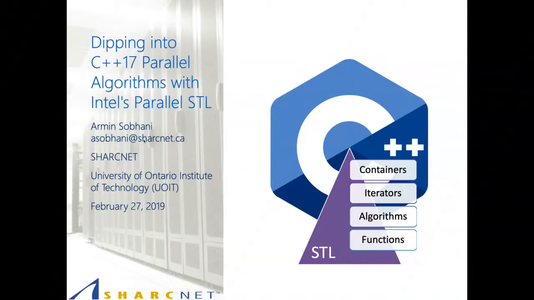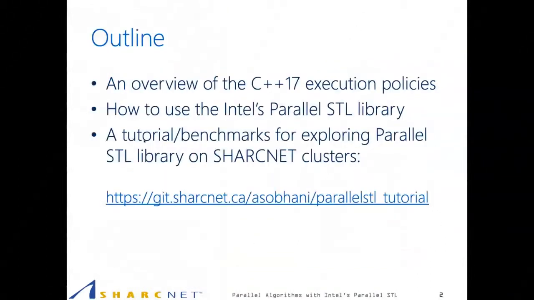The outline of today's seminar is first a really quick overview of the C++17 execution policies and what they are. Then I'll demonstrate how to use Intel's Parallel STL library, which is one of the implementations you can find to start using that feature.